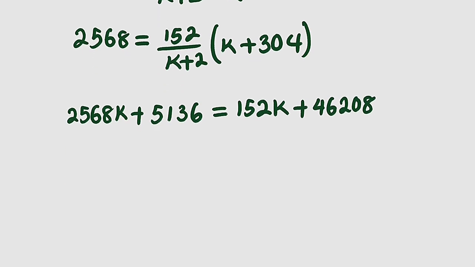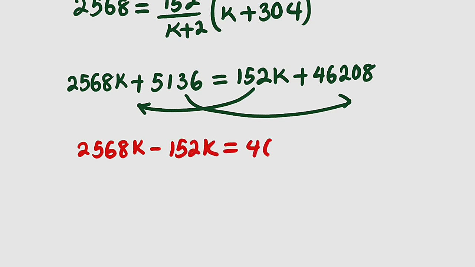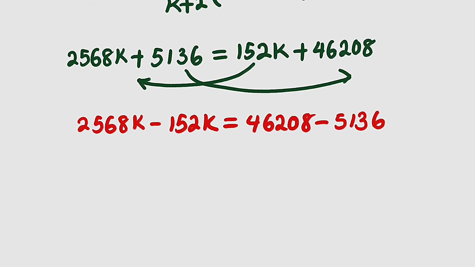Let us bring the like terms: bring this one to the left and take this one to the right. We have 2568k minus 152k equal to 46,208 minus 5,136. We have just collected the like terms.